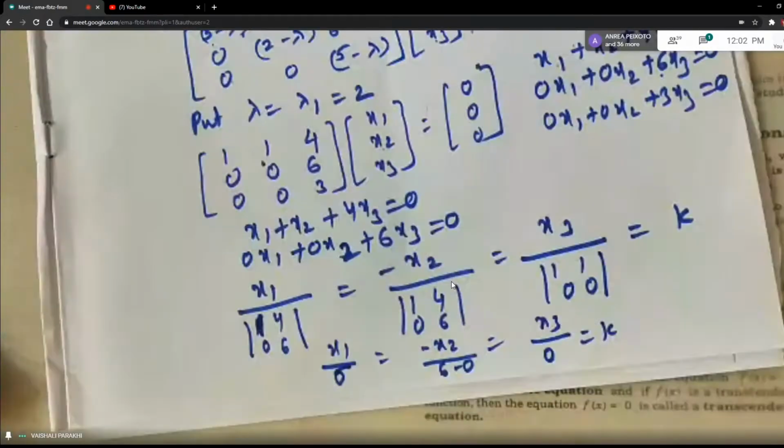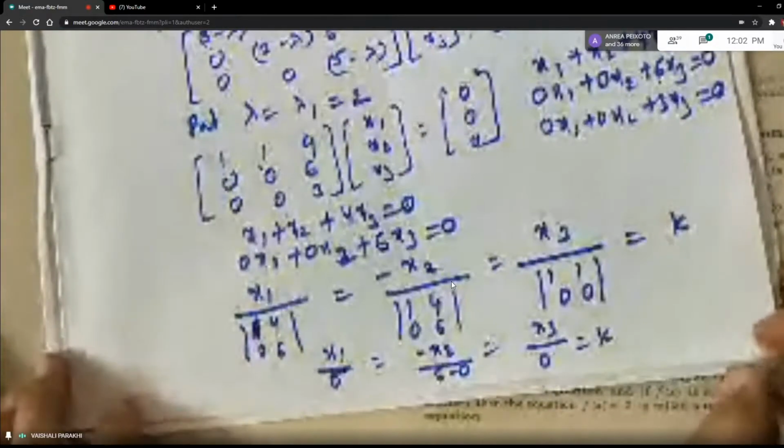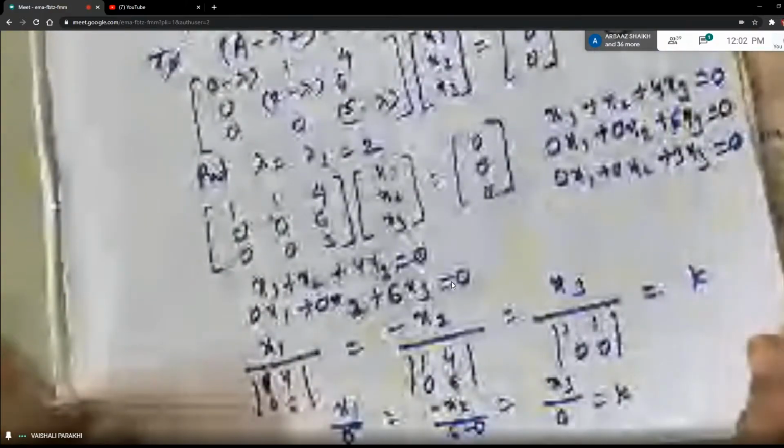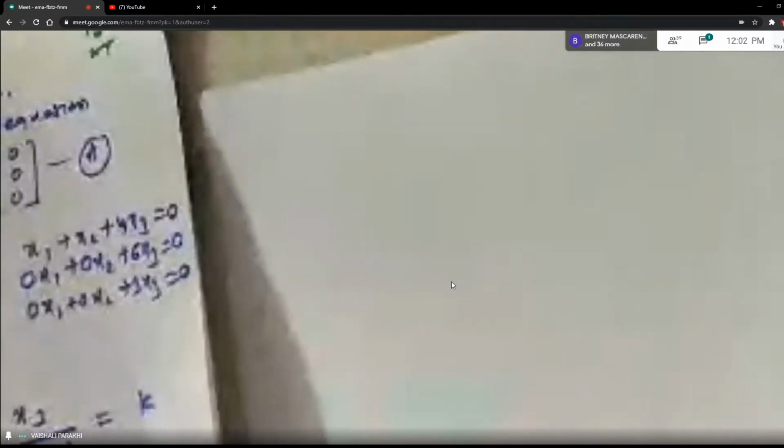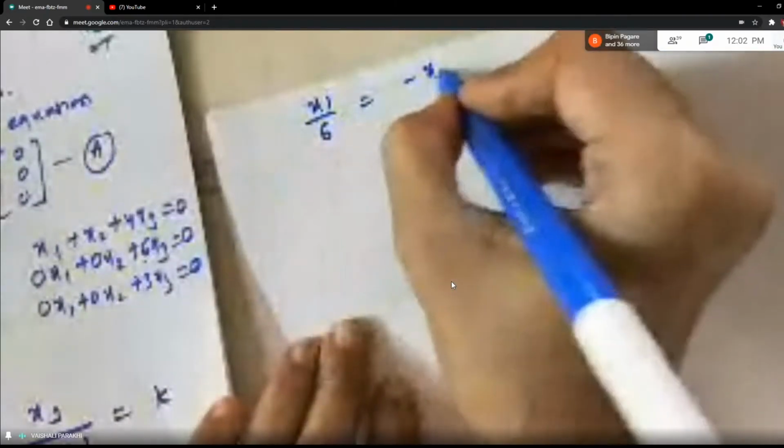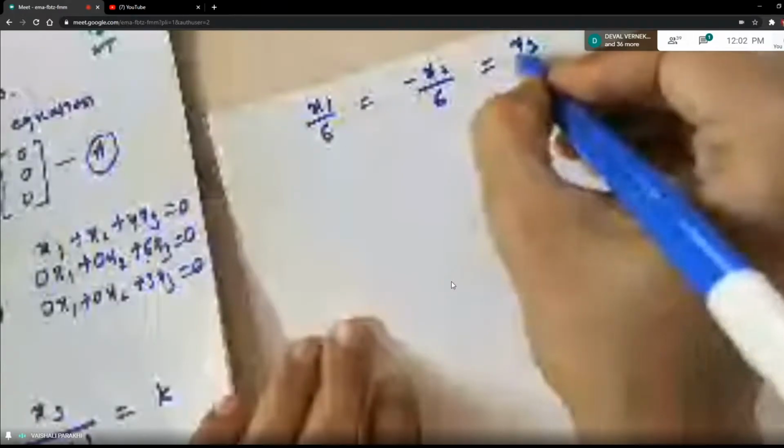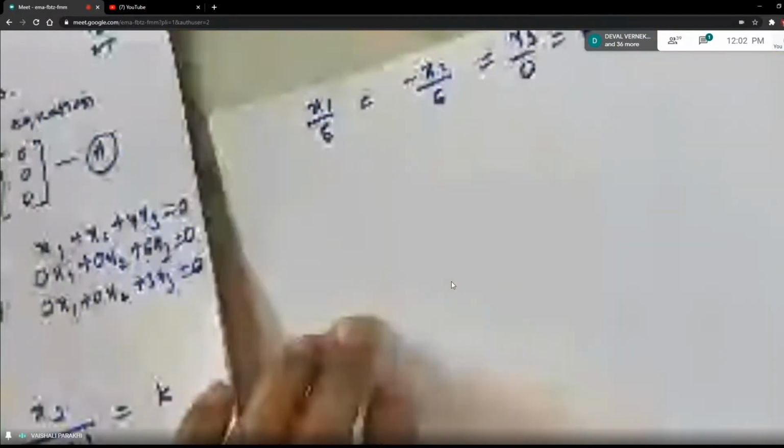Now see what you get here. I'll continue on the next page. Okay. So see what we got here. x1 by 6 minus x2 by 6, x3 by 0 is equal to k. Is that clear, students?